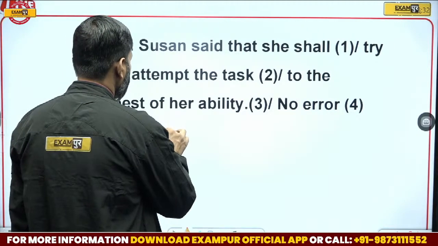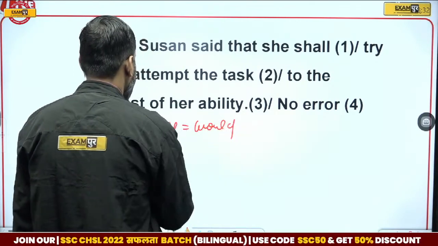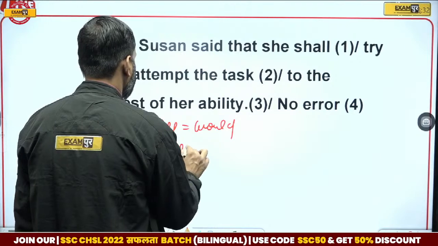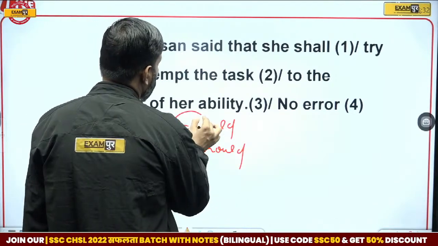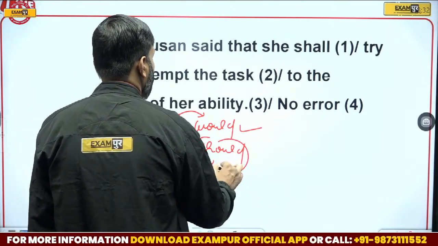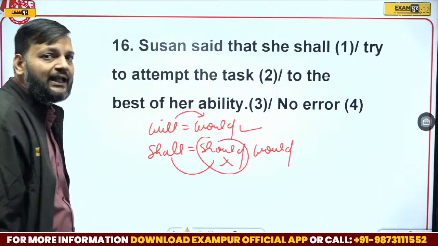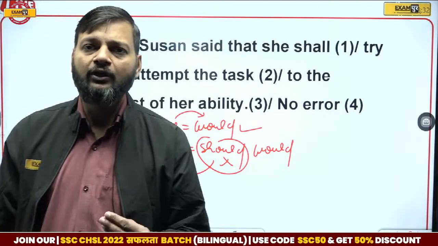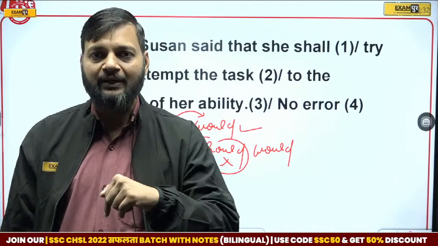Many students think that the past of will is would and the past of shall is should. This is not right. The past of will is would, but the past of shall is also would, because shall is future and should is not past, should is present.